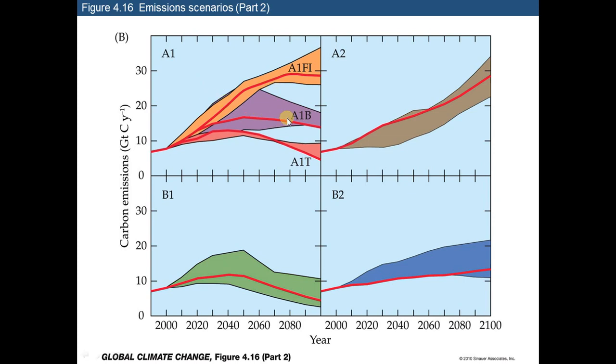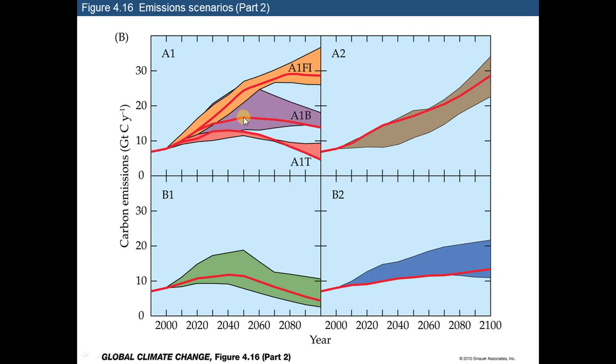A1B is a balance between heavily relying on fossil fuels to generate energy, and technology helping us improve our ability to generate energy using less fossil fuels, okay, generating more energy, let's say, by burning the same amount of coal, oil, natural gas.